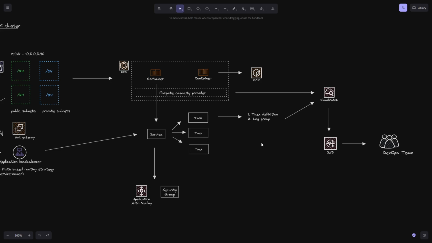So every time something happens within the application, all of those logs will be written to that specific log group, which obviously will sit within Cloudwatch. And what this will allow us to do is that within the cluster itself, in that service, we'll be able to observe things that way, but also be able to know what issues are existing within that particular service by looking at the logs. It's a simple case of allowing us to debug.